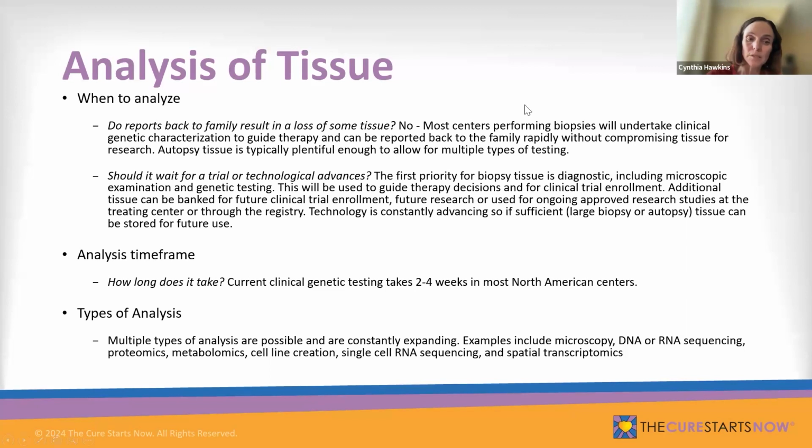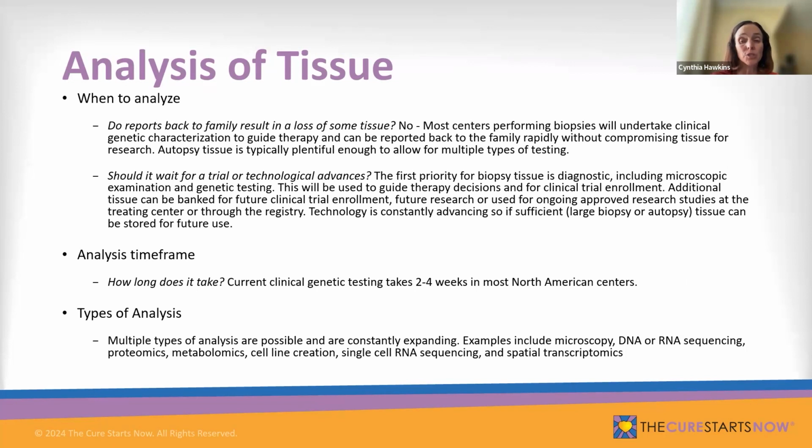Types of analysis. Multiple types of analysis are possible, and these are constantly expanding. Typically, on a clinical basis, the tissue will be looked at under the microscope. And then, as I mentioned, most centers will do DNA or sometimes RNA sequencing on that tissue in a clinical diagnostic lab.